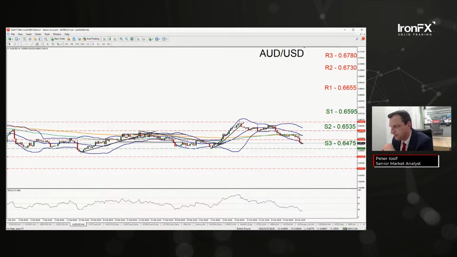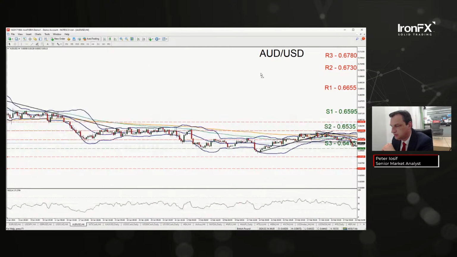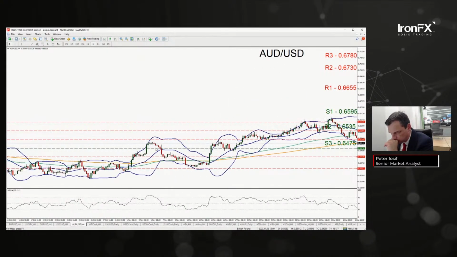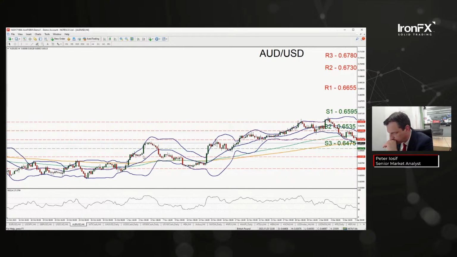You can see the touches here. And let's go back to see the validity once again of the S2. You can see how there is a resistance line and support line at the same time right here. So that tends to be my second support line at 0.64.